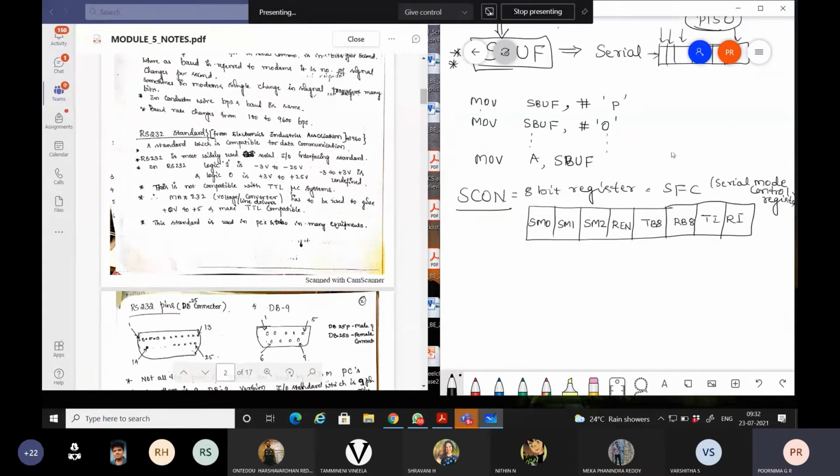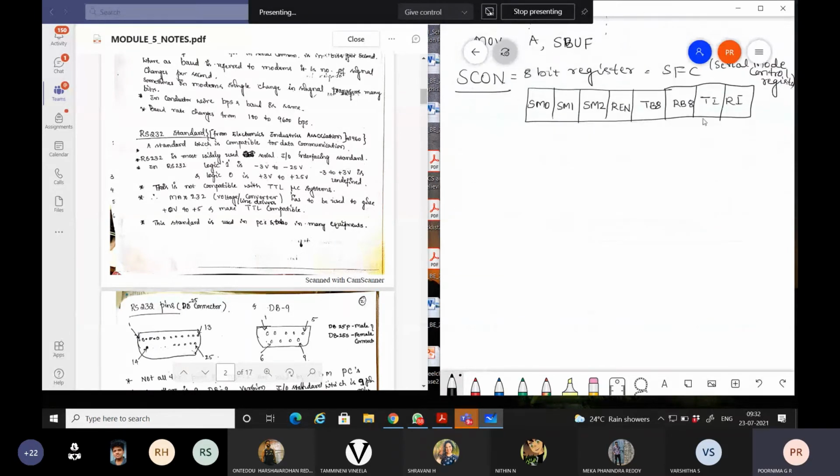Now these are the various bits of your SCON register. There is RI, TI, RB8, TB8, REN, SM2, SM1 and SM0. This 8-bit SCON register is used to program the start bit, the stop bit and the data bits of data framing, among other things.